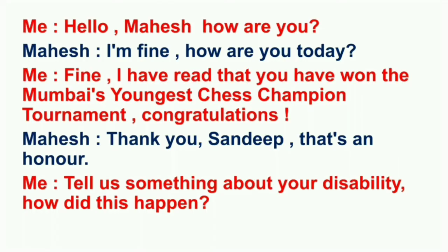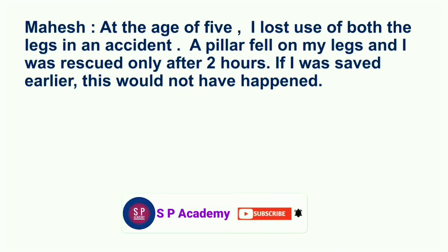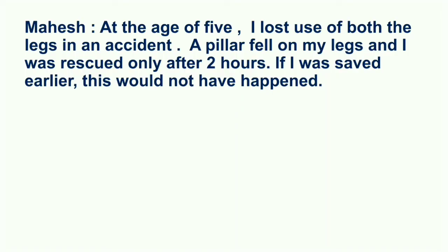Me: Tell us something about your disability. How did this happen? Mahesh: At the age of 5, I lost use of both the legs in an accident. A pillar fell on my legs and I was rescued only after 2 hours. If I was saved earlier, this would not have happened.